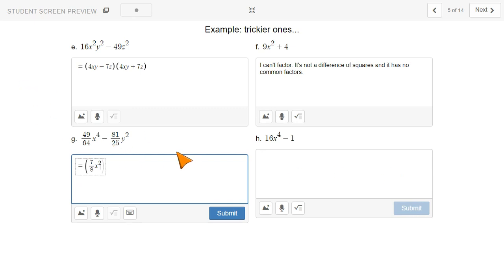So just a side note, x to the power of 4 is a perfect square because x to the power of 4 is equal to x squared all squared. Okay, so coming back to this one, I'm going to add 9 over 5y, and then we're going to do it again for the second bracket.